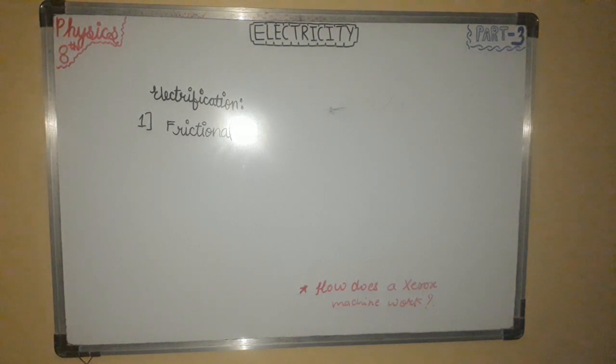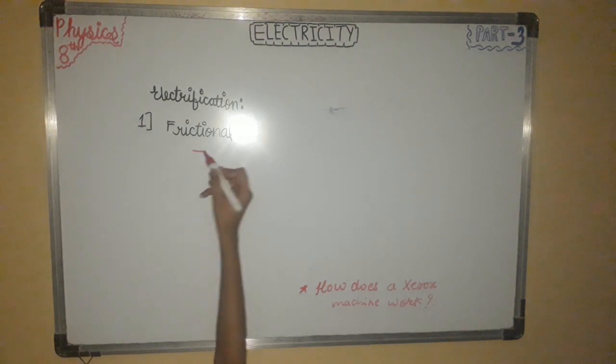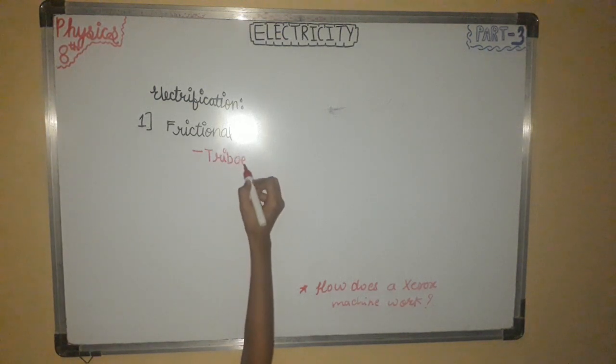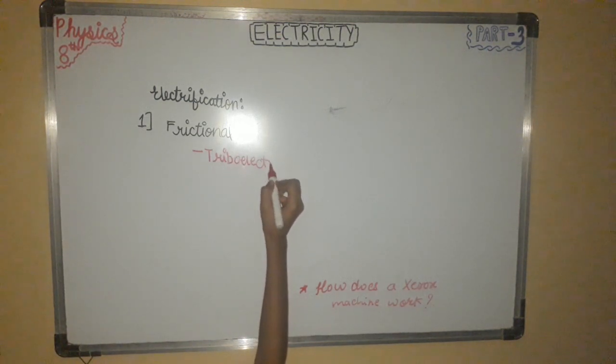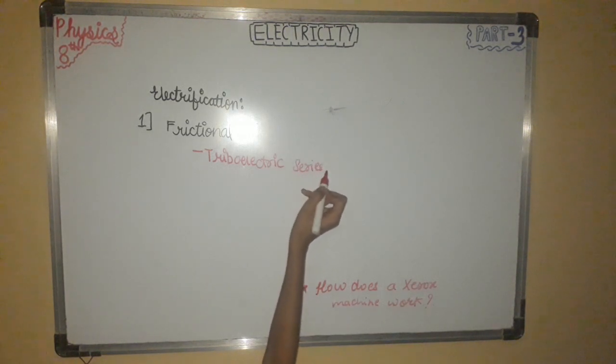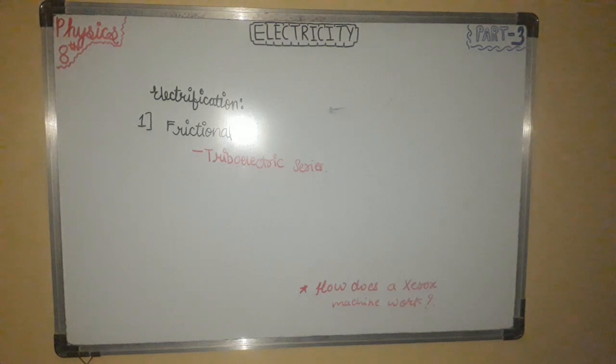Next interesting topic is the triboelectric series. We have seen that silk when rubbed with a glass rod gets negatively charged, but when silk is rubbed with wood it gets positively charged.